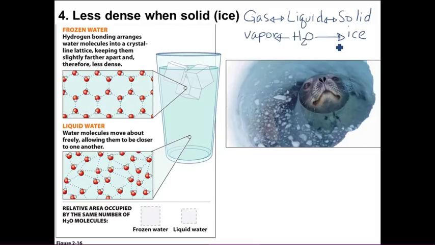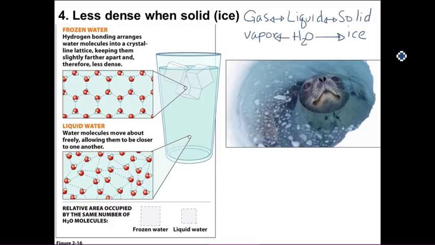Okay, so the cool thing about water is it actually gets less dense when you freeze it, when it becomes a solid, and this is actually the opposite of what most substances do. Most substances become more dense or take up less space as they become solid. But water does it differently, and that's all because of the hydrogen bonds.